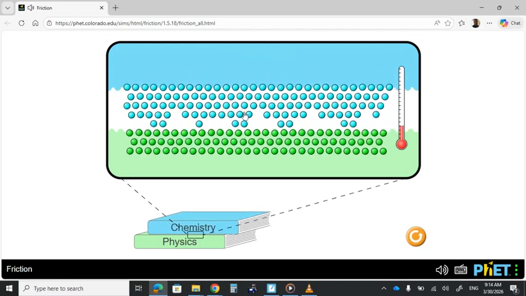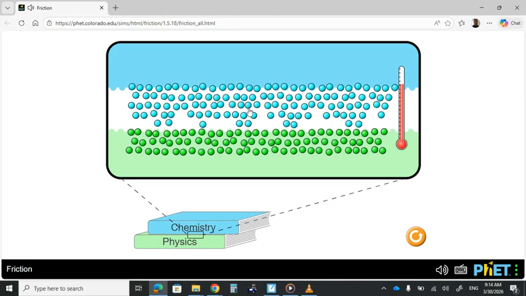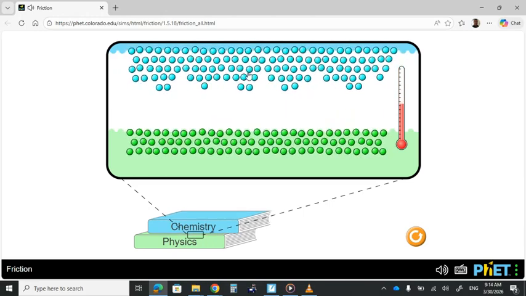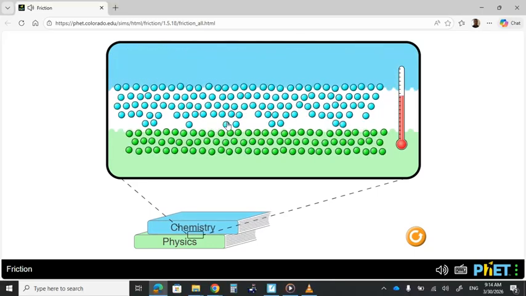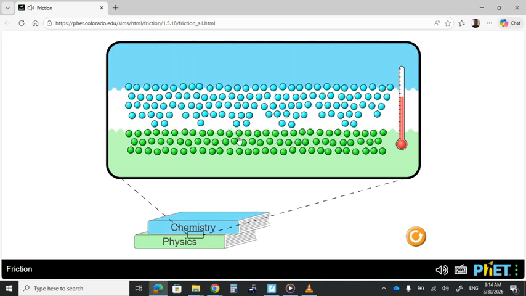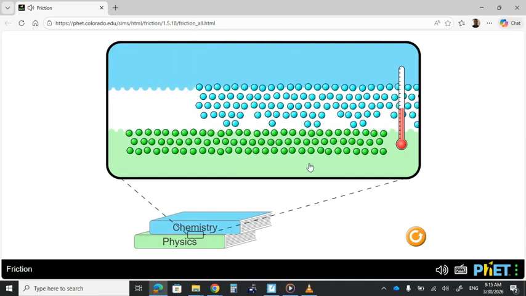All right, so slide this thing back and forth, and basically, it's like they're hitting against each other, pushing and pulling on each other, and it makes the vibrational energy increase, right? So basically, the energy that you're pushing sideways with ends up getting transferred into this jiggling of these molecules. That's why if you rub your hands together, they warm up, right? So that's friction. That's energy being lost or transferred to other forms, right?